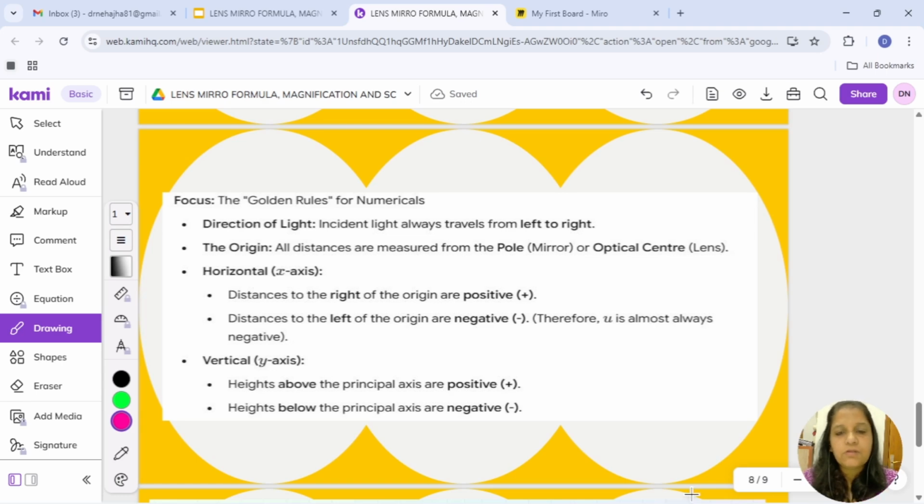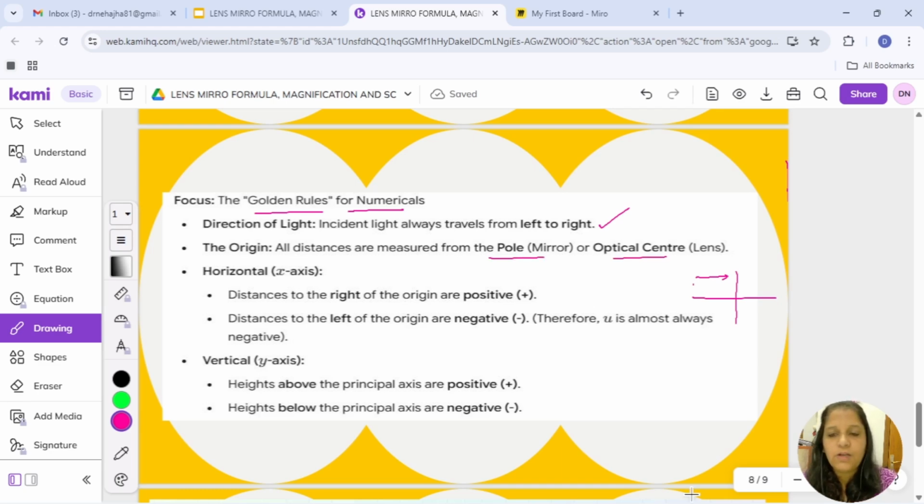Let's go through quickly the golden rules for numericals. Incident light always travels from left to right, because the placement of the object will always be on the negative side of the x-axis. All distances are measured from the pole or the optical center.